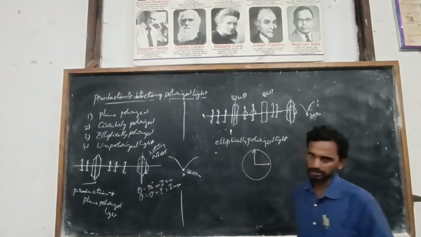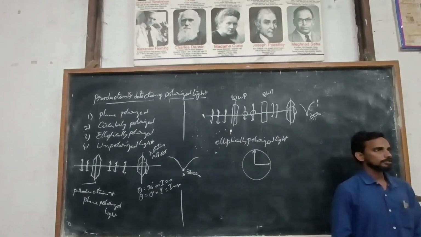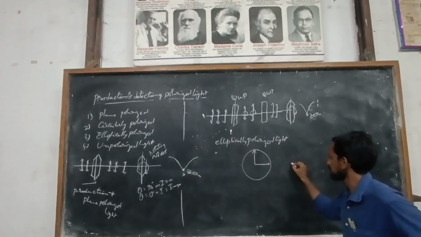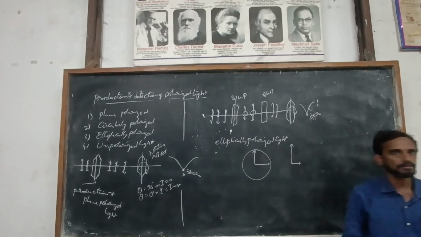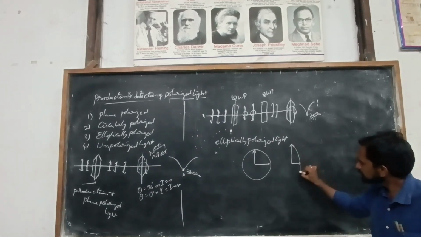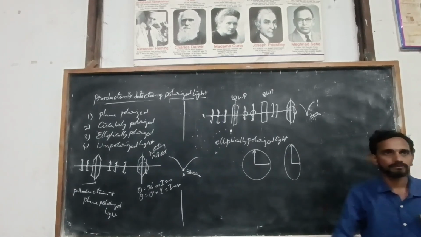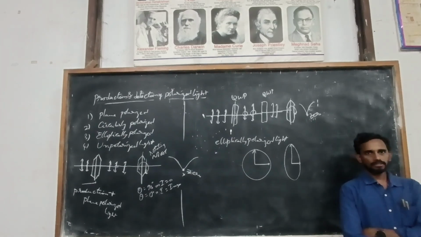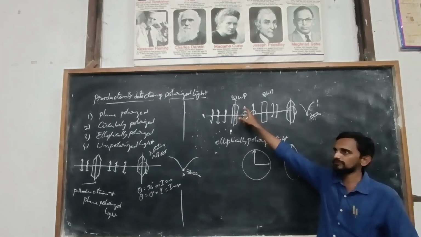If the stretches are different, if along the x-axis the stretch is lower and along the y-axis the stretch is higher, then we get elliptically polarized light. So how to generate that? To generate that, we have to generate a phase difference other than pi by 2.